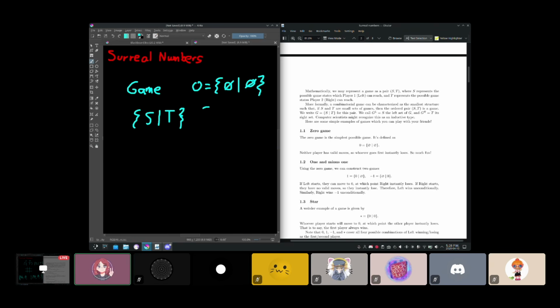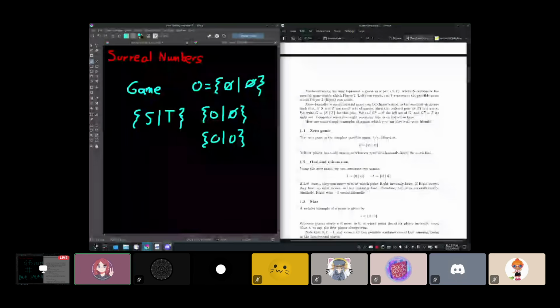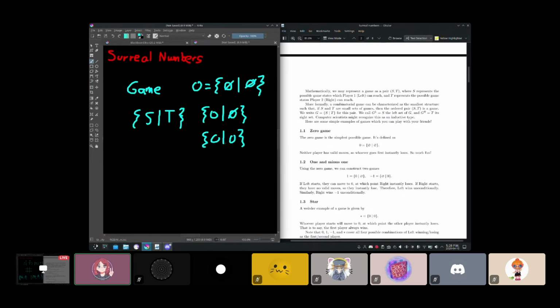Then you can make games like putting 0 on one side and the empty set on the other. And then you can put 0 on both sides. And then you can put these games in the sets of other games, and you can just keep going. Games are this structure, and you can pair them up. And every game is going to be constructed via this process. I hope that makes sense. It's a bit difficult to explain.